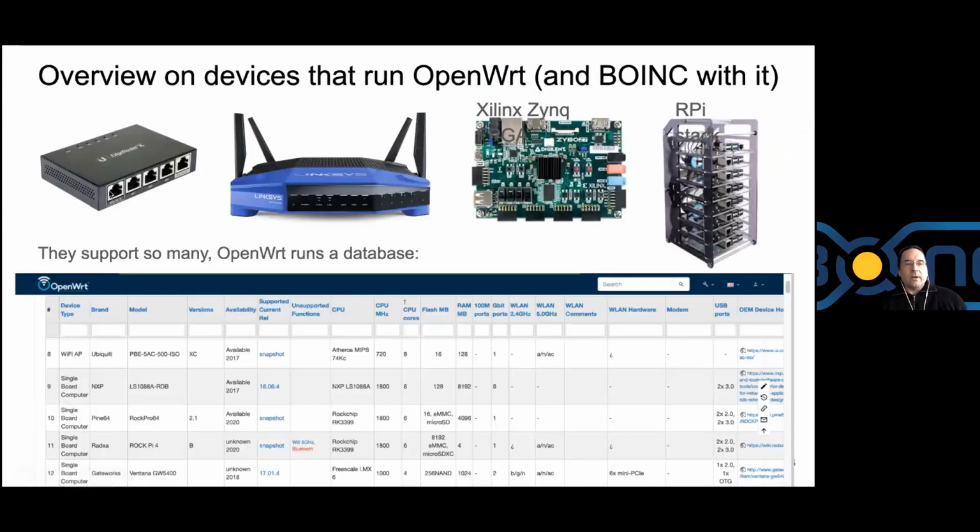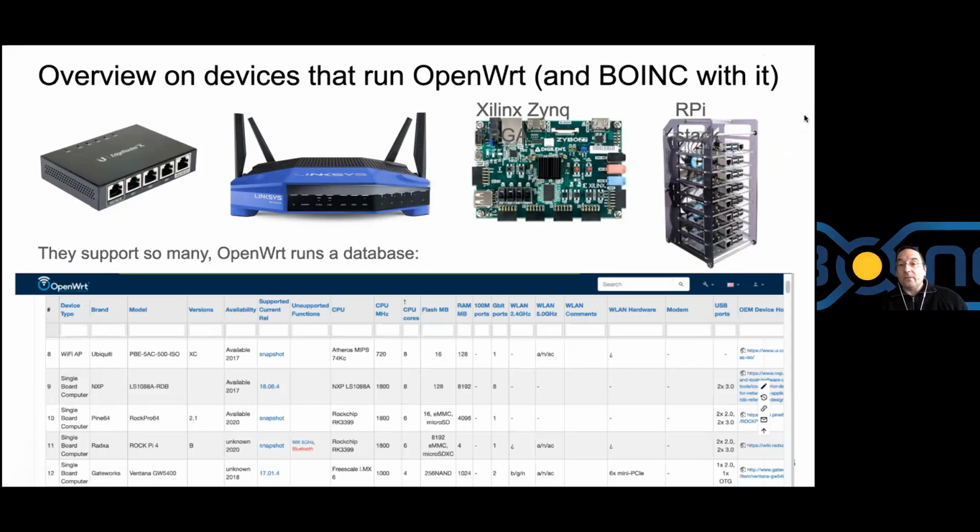So machines right at my desk are something like this, a small switch, which has nothing special, but it runs OpenWrt. This is my Linksys router. They promote it to be very kind of open source friendly. But there's also something like Zynq, the Xilinx boards that have a little FPGA attached to it, which some of you know is close to my heart.